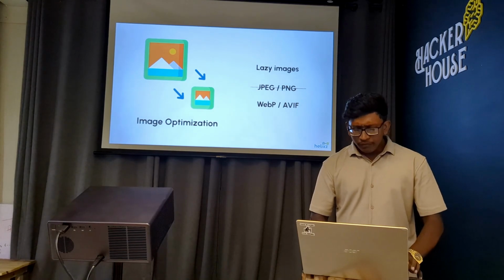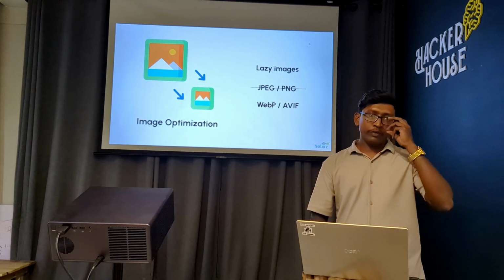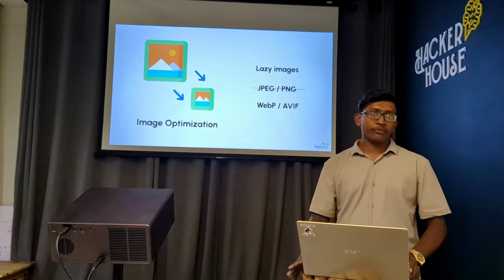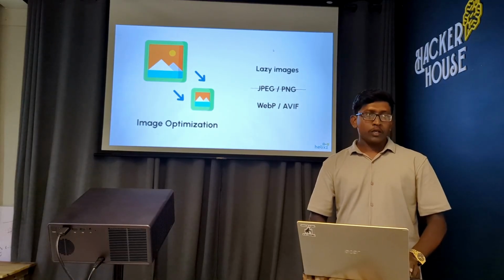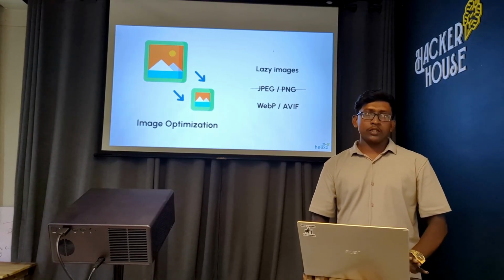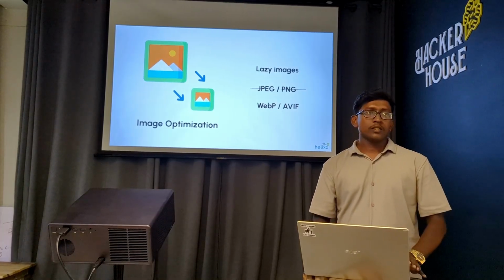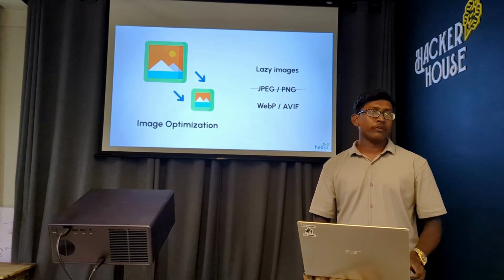So we can use the lazy loading images method. It means when we scroll a website, the images are loaded into the UI at the viewport. Unless the user sees these images, the images won't be fetched into the front end.